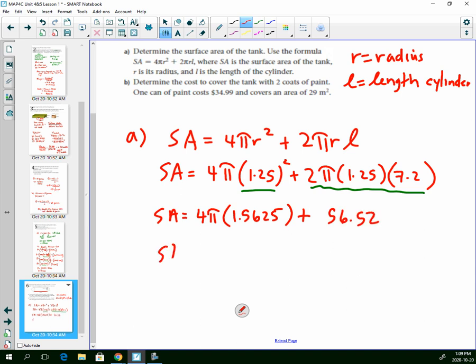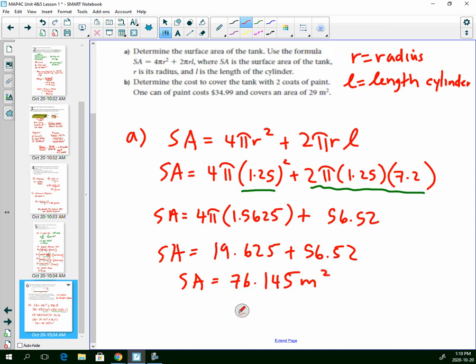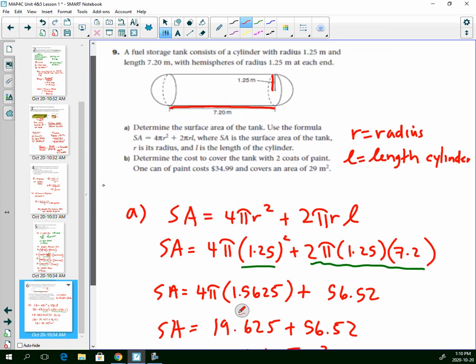And then in this first term, I can now multiply those three numbers together. So that's 19.625. And then when you are looking at this later, you can try this out for yourself and make sure that you get these same values so that you know how to type it into your calculator. So the total surface area is in meters squared. Okay, so 76.145 meters squared.